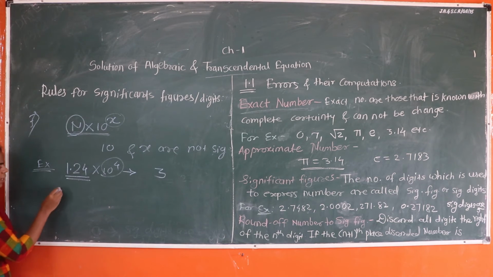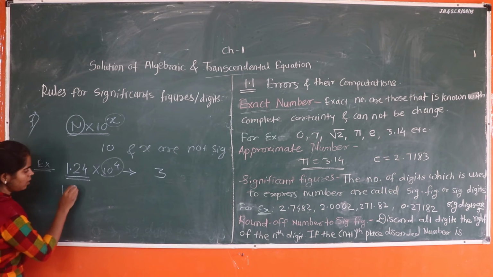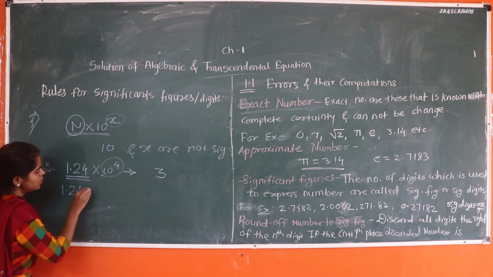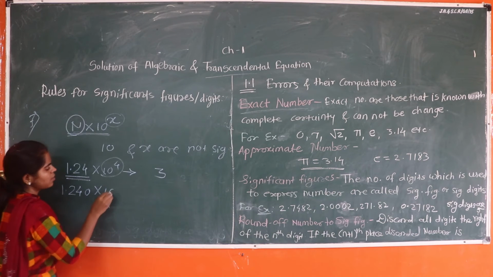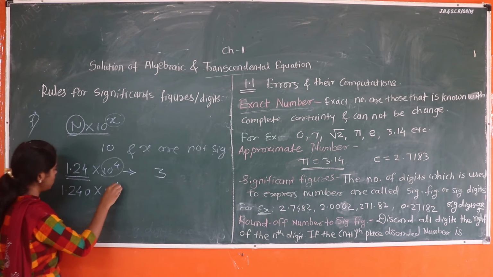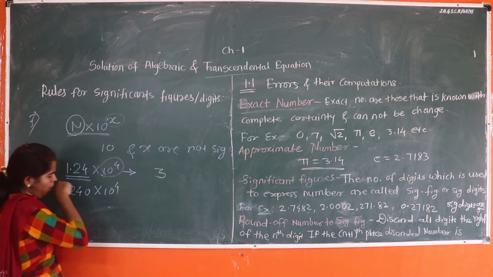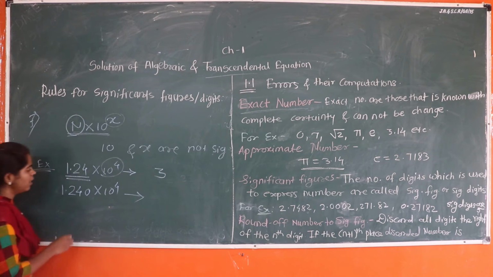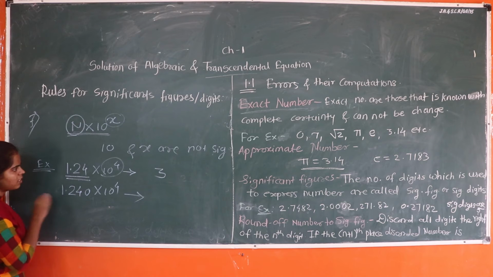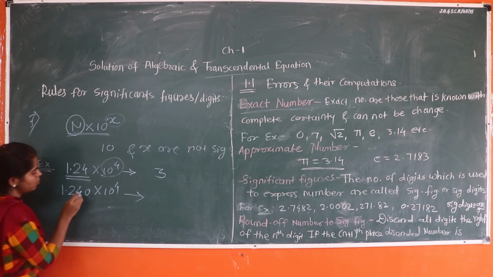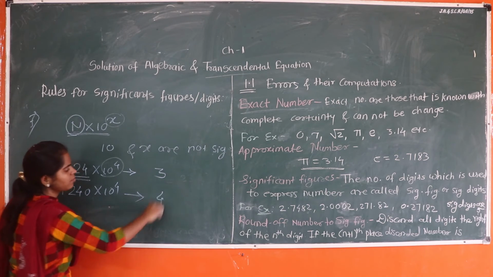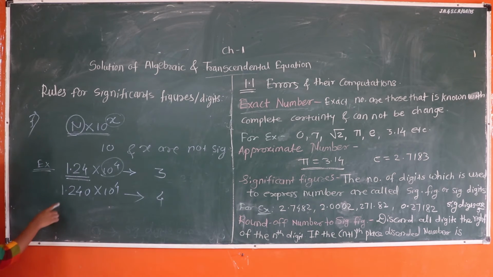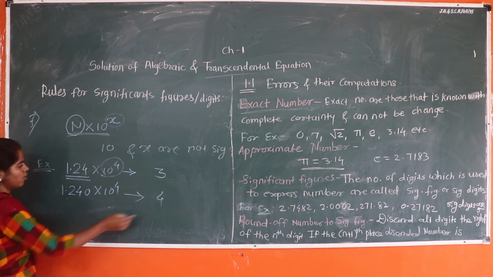And next, 1.240 times 10 raised to 4. How many significant figures? 1, 2, 3, 4. So the significant digits are 4.